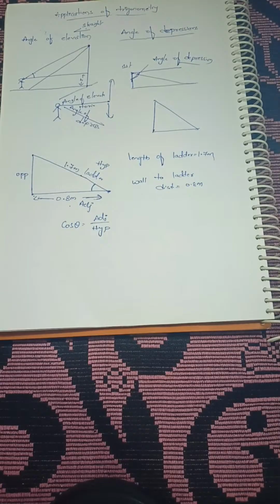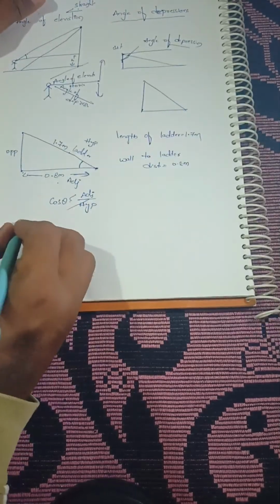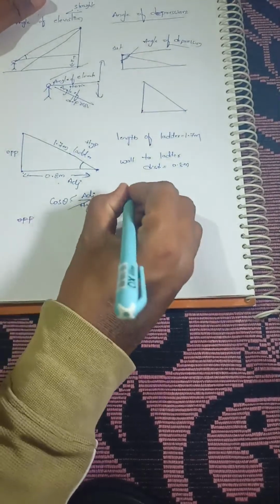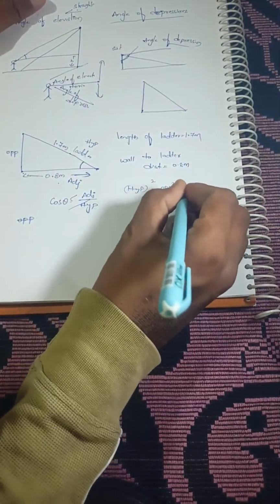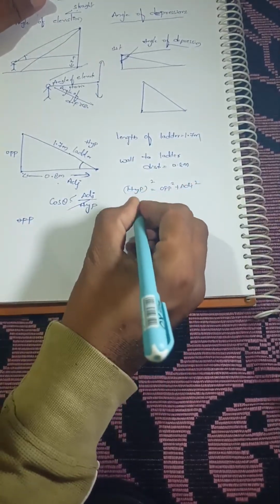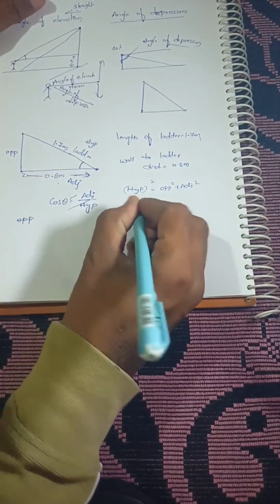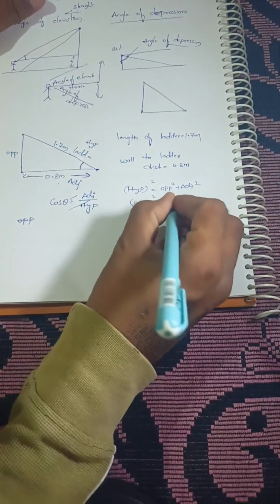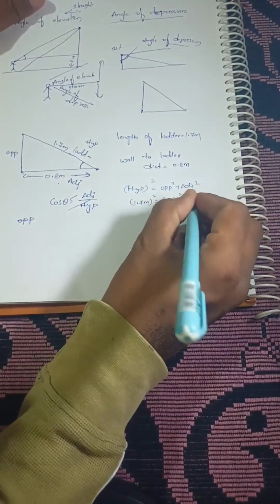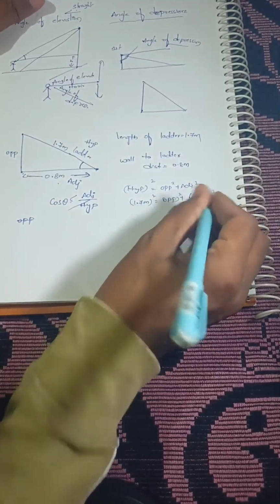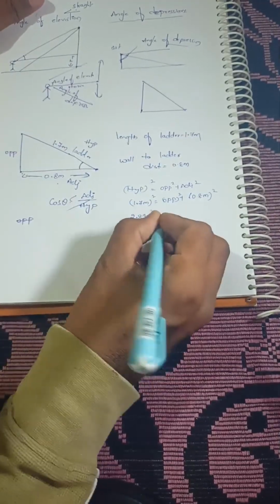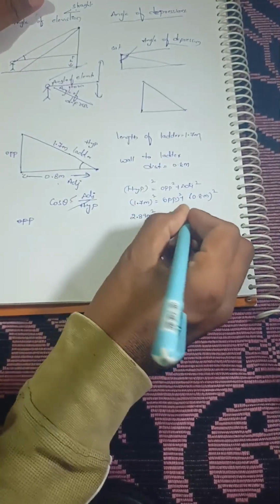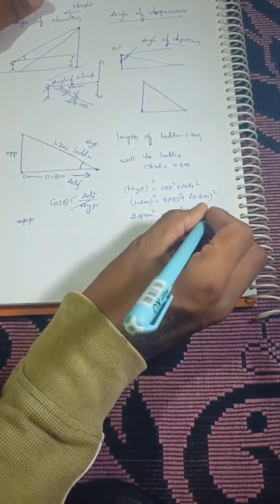Here we are having hypotenuse square is equal to opposite square plus adjacent square. What is the hypotenuse value? 1.7 meters whole square is equal to opposite square plus adjacent 0.8 meters whole square. 1.7 squared gives 2.89 meter square is equal to opposite square plus 0.64 meter square.